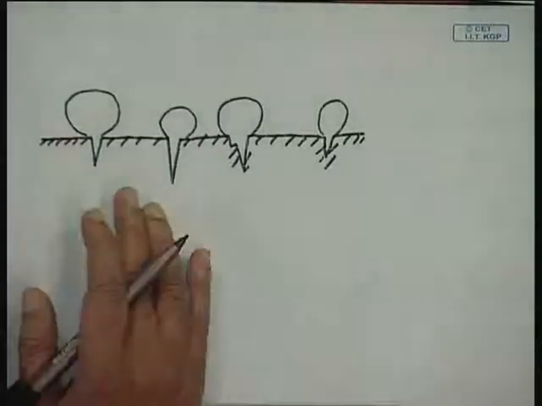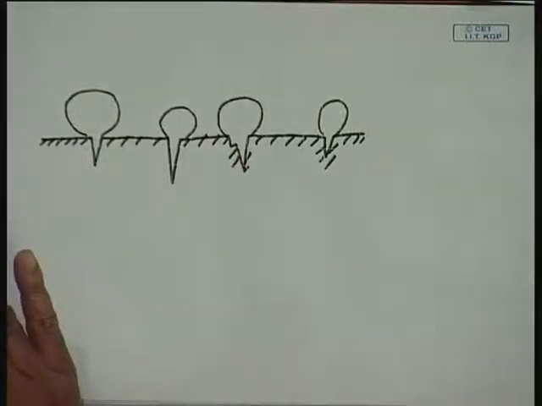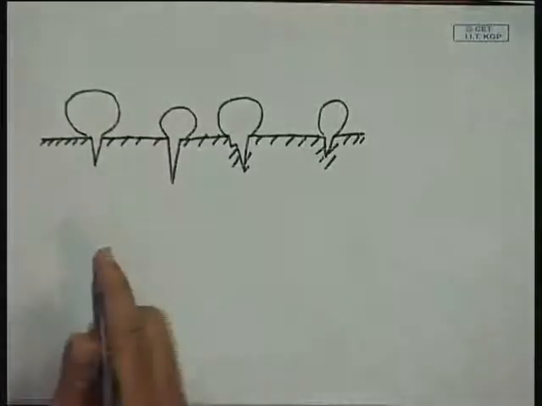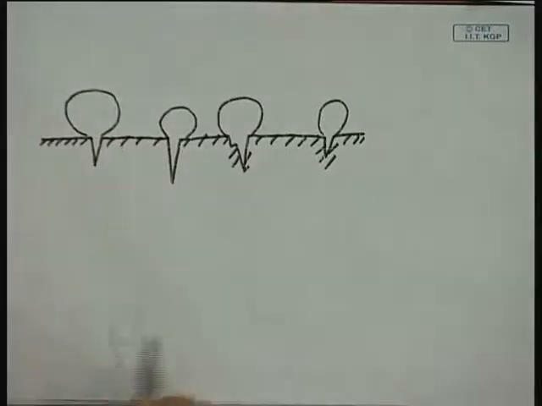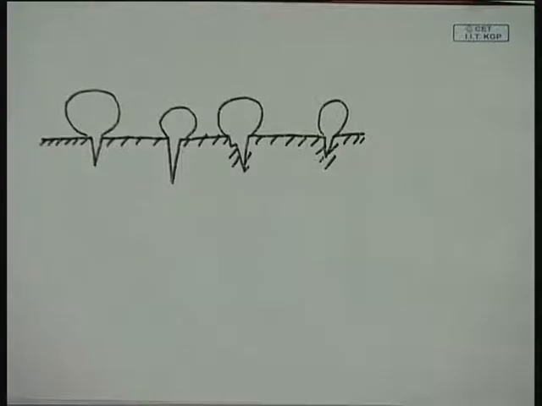Now, if we concentrate on one particular nucleation site, we will see that the process is a cyclic process. It is a repetitive or cyclic process. So far we are keeping the condition constant, meaning we are keeping the wall temperature constant.